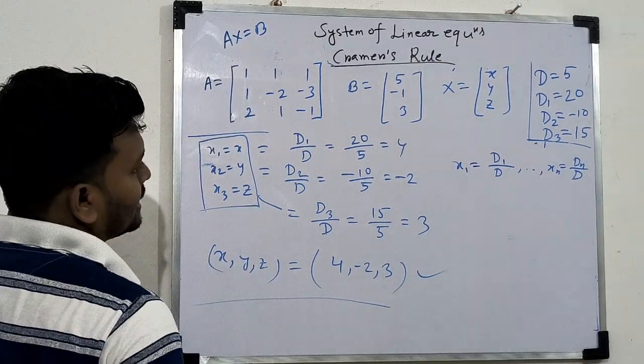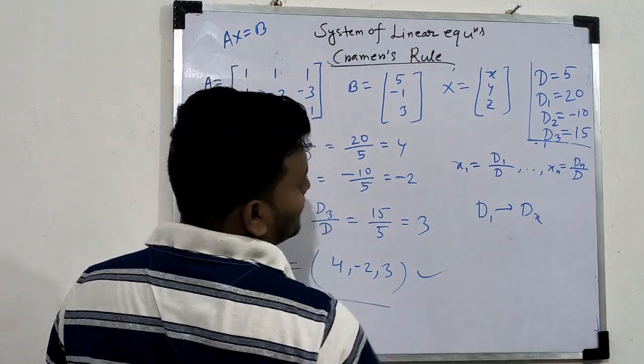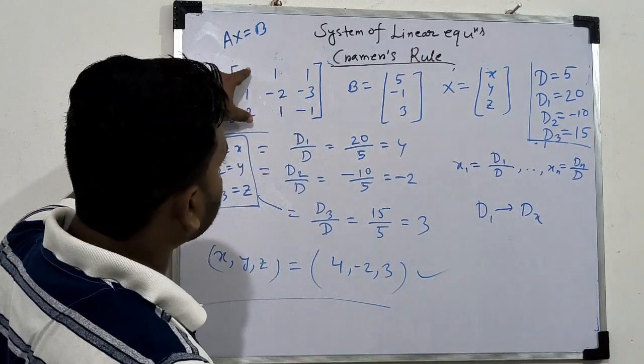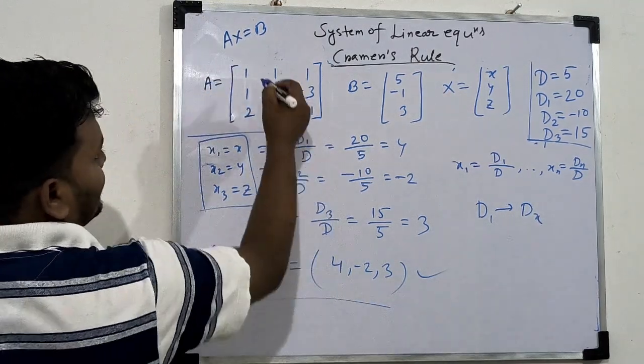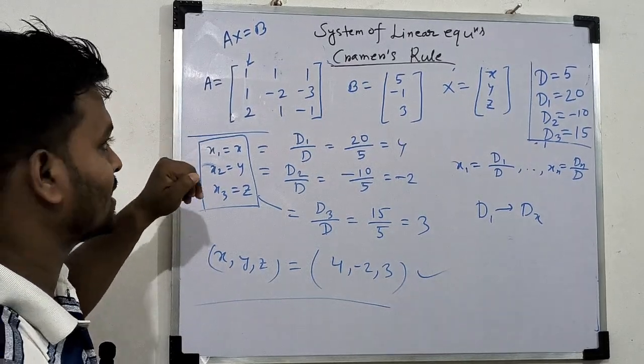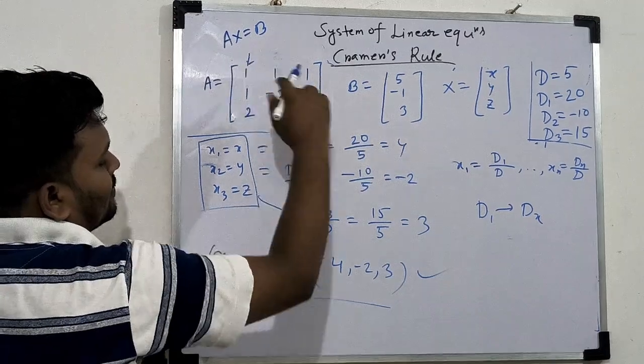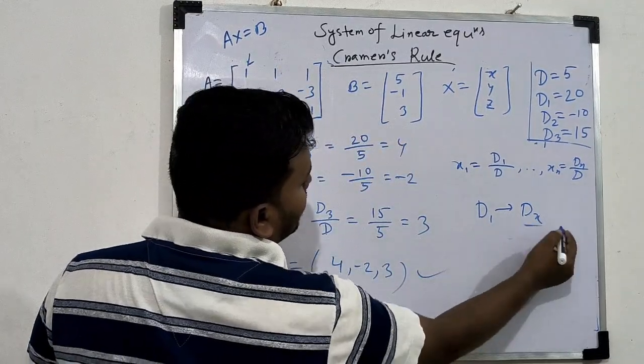For better understanding, you can take D1 as Dx, that is when you replace the first column, as this first column are all coefficients of x in the given three equations. So when we replace the first column, you can denote the determinant by Dx.